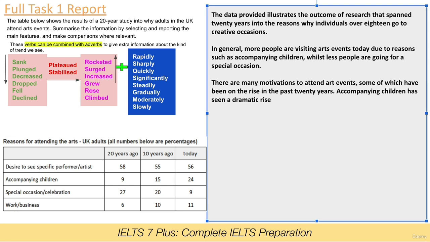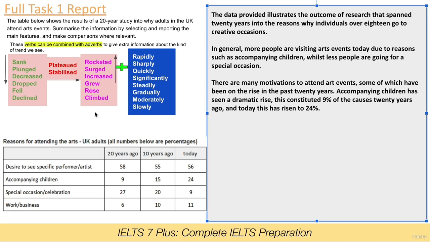So this constituted, what do we have here? 9% of the causes 20 years ago. And today, this has risen to 24%.